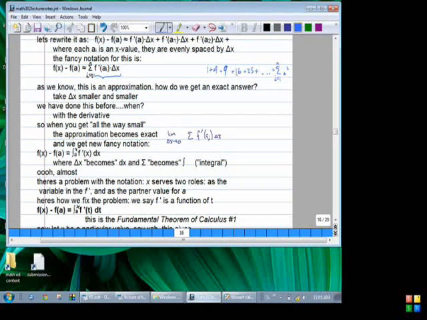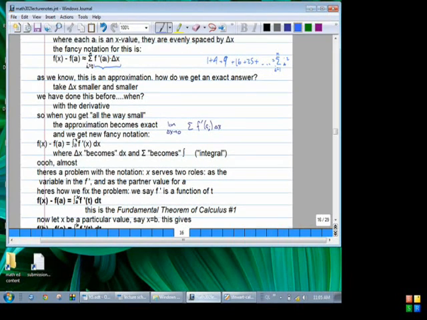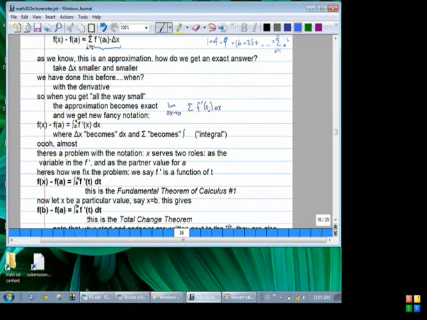Now, what if I give you an actual future value, the way we did with Euler approximations? Let's call that b. You just plug that in, and now the statement looks like this.